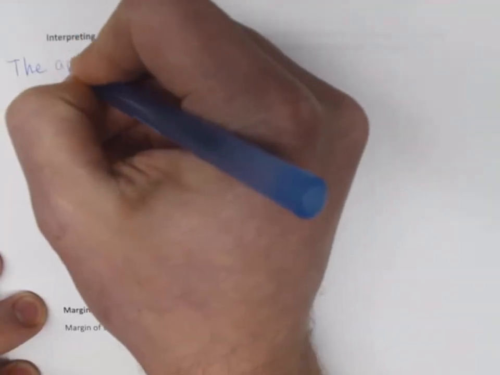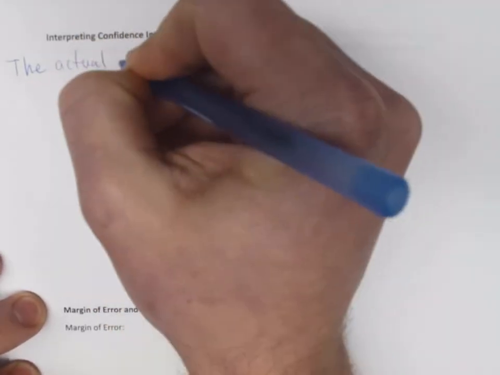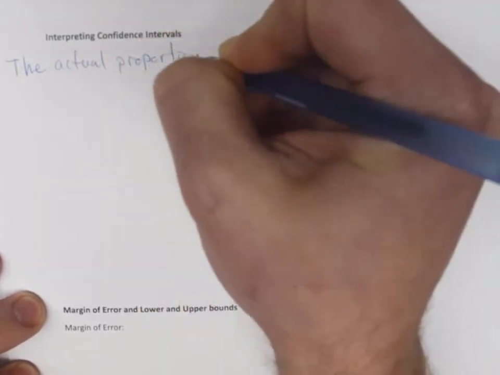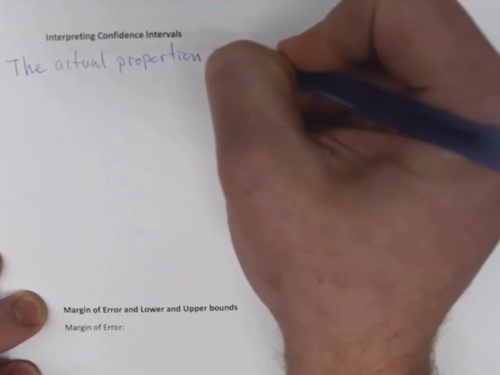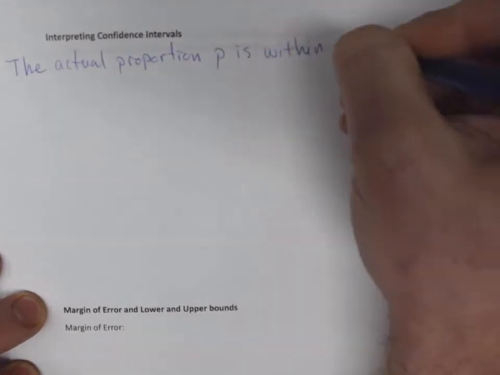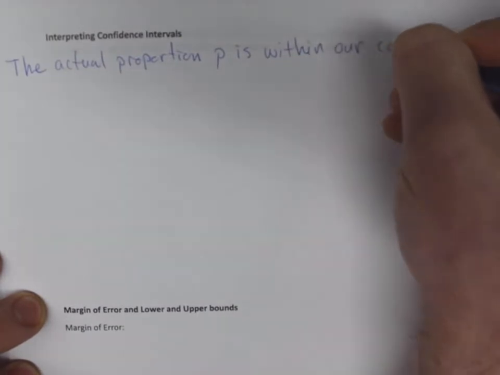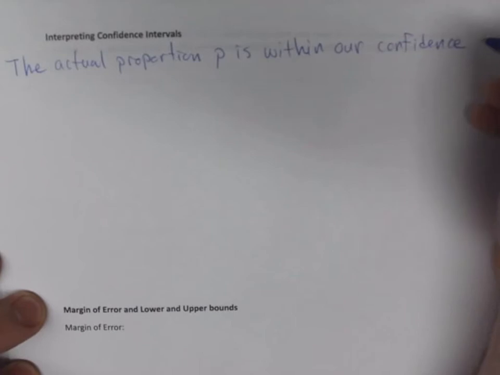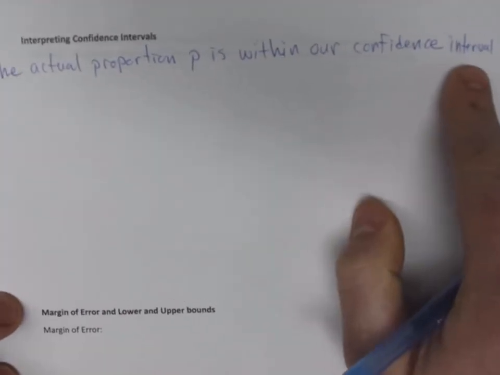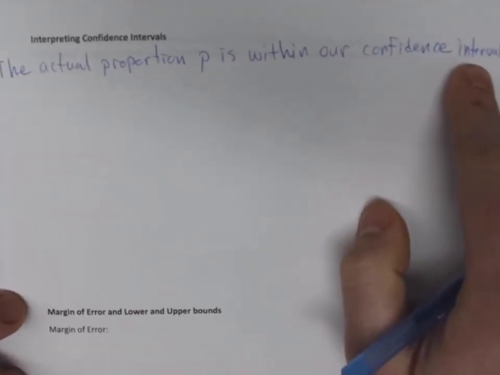The actual proportion P is within our confidence interval. I ran off the page here. The actual proportion is within our confidence interval.